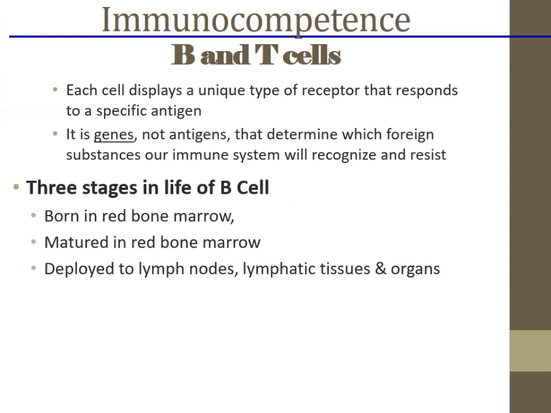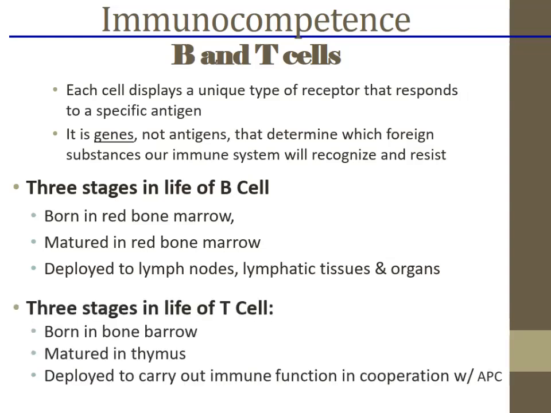Born in the red bone marrow, mature in the bone marrow, and then deployed to the lymph nodes or vessels, tissues or organs. So this text is exactly what that picture showed. It's just basically a translation of that image that we just saw. Same with the T cell. It's born in the bone marrow, matured in the thymus, and then can go to the tissues and hang out, waiting for cooperation with the APC to be activated.